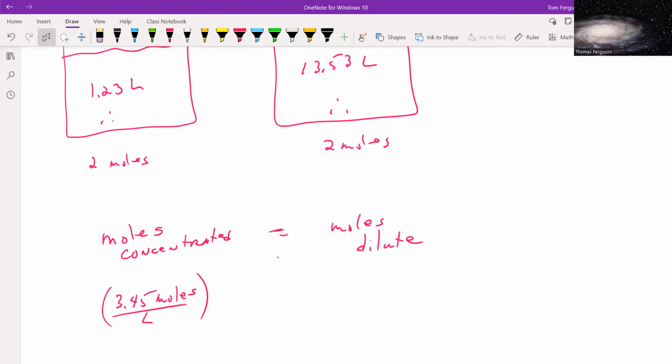This is unit 1 stuff, dimensional analysis. What do we multiply this by to get rid of the L? The liters, right? And how many liters are we talking about concentration-wise? 1.23. That's equal to the moles of our concentrated sodium chloride solution.